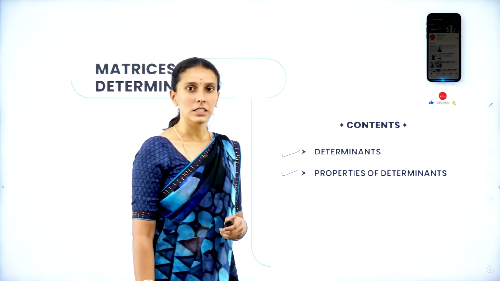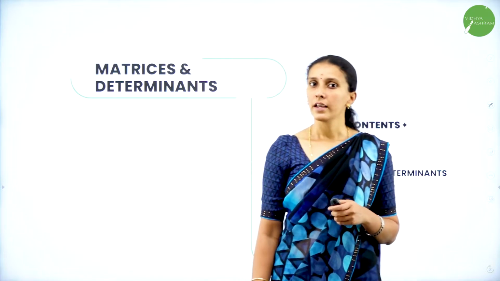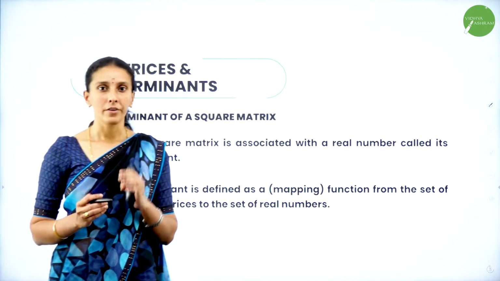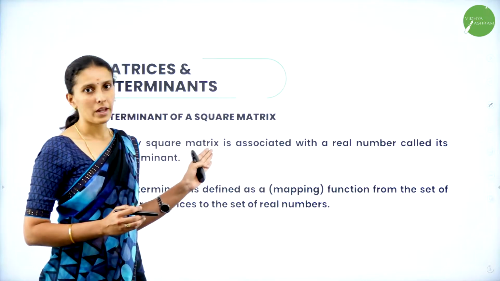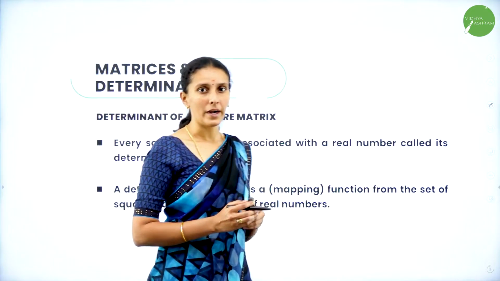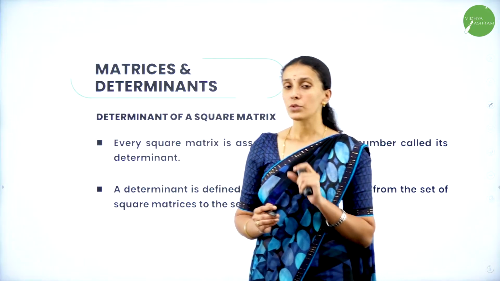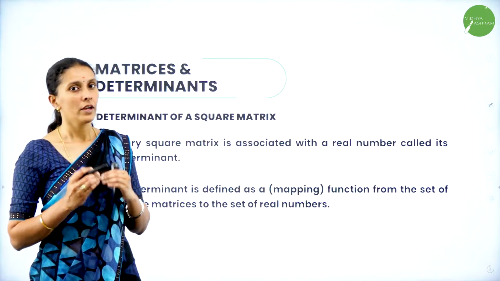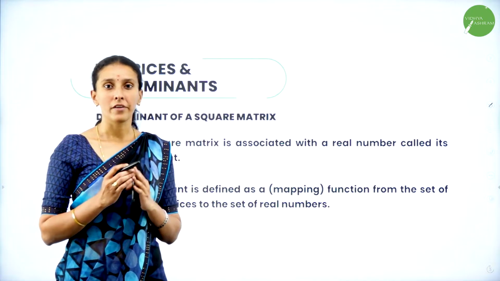What do you mean by determinants? Determinants are only for square matrices. A determinant gives a real value for the associated square matrix. So, it is nothing but a real number. Hence, we can call the determinant a function from the set of matrices to the set of real numbers.